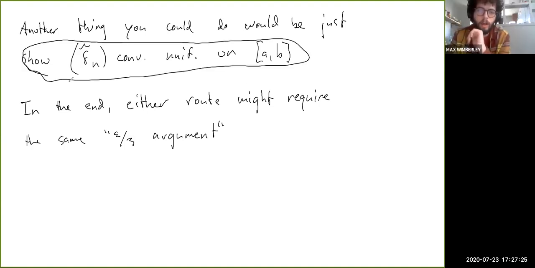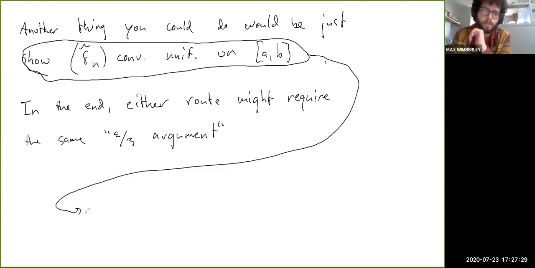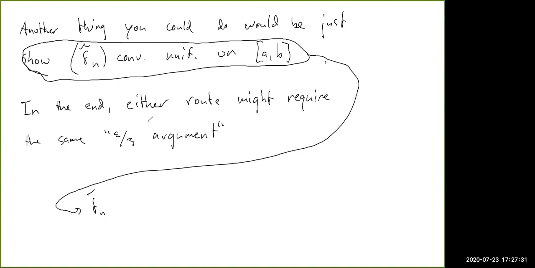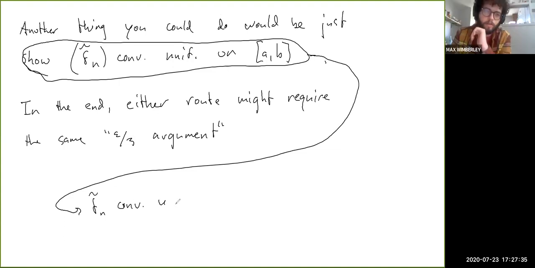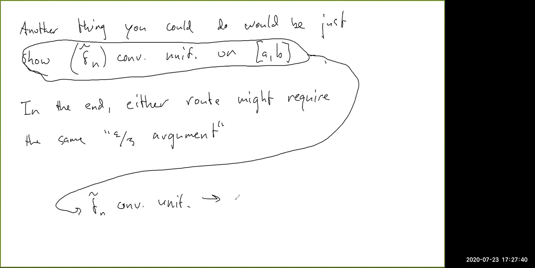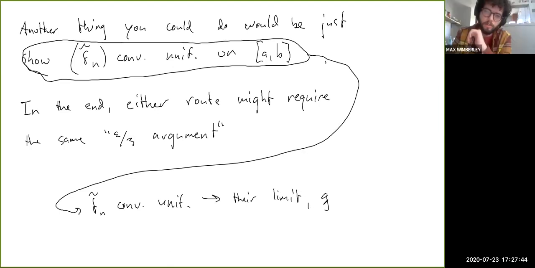Yeah. So this would be like, okay, if you could actually show this. If the extensions of Fn converge uniformly, that means that the limit, call it G, is continuous on AB, right?